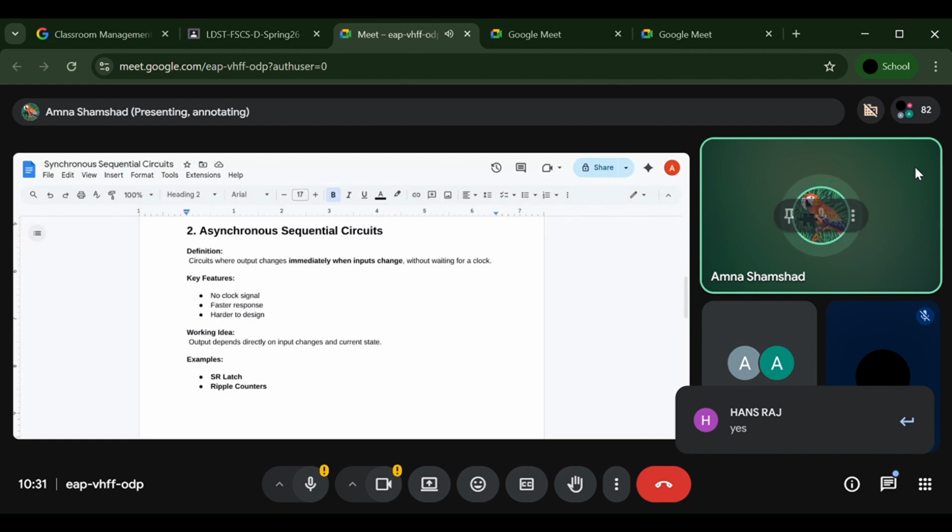Both depend on the input plus the previous output, but the difference is that synchronous is synchronized with the clock, and asynchronous is without clock. And you have examples for both.